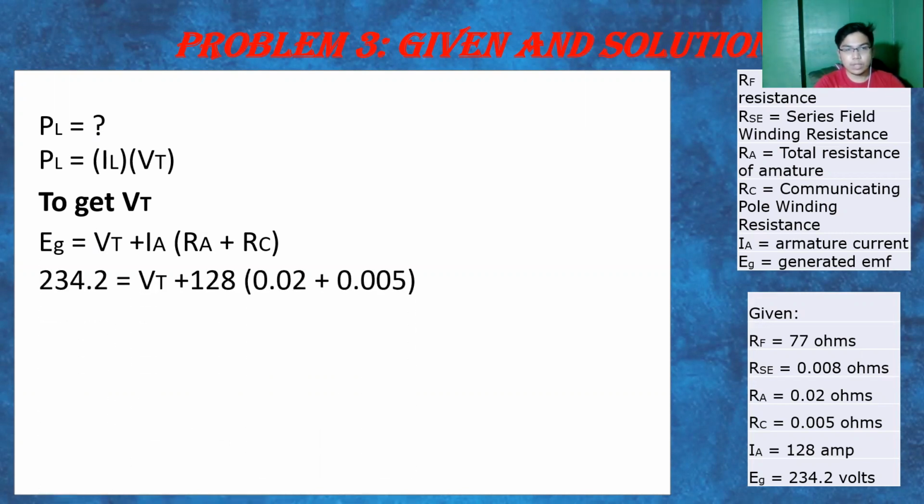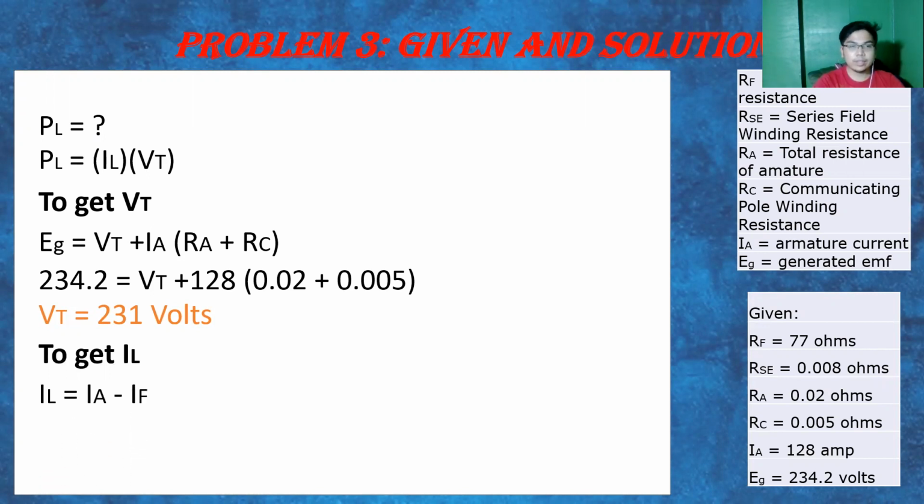So, substitute lang natin yung mga given values, then makukuha na natin yung VT, which is 231 volts. So, meron tayong VT. Ang kulang na lang is yung I sub L, which is yung load current.